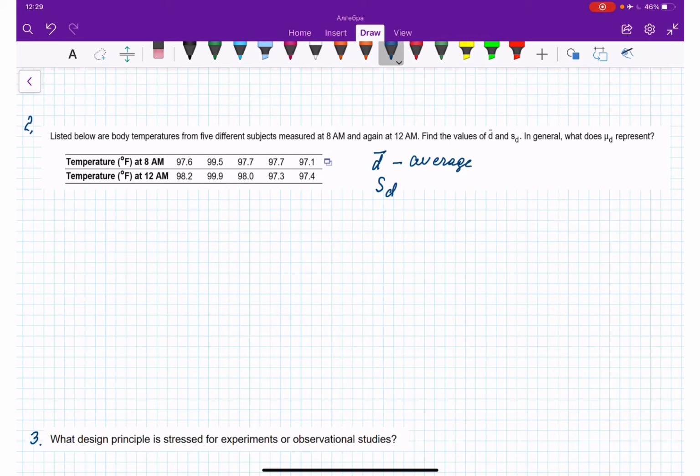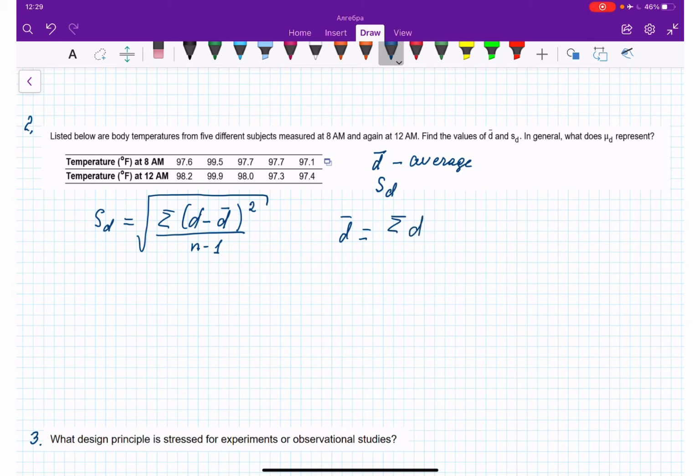So the formula for standard deviation is equal to the square root of the sum of (D minus D bar) squared, divided by n minus 1. And D bar is equal to the sum of D, I'll tell you what D is, divided by n.